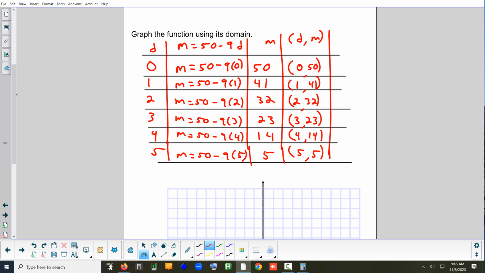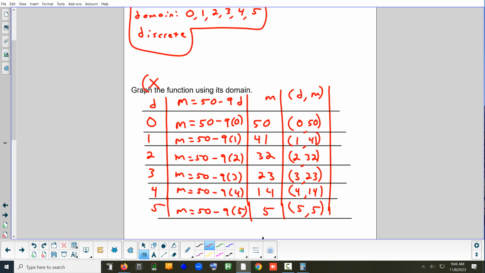So that's just the number of DVDs. If you multiplied it together, like 9 times 4, you could put 36 there, or you could put 45 there. But we just did that step when we did the M column. Okay, remember, this is like your X, and that's like your Y. They just use different letters this time.